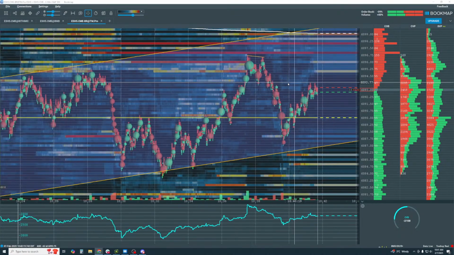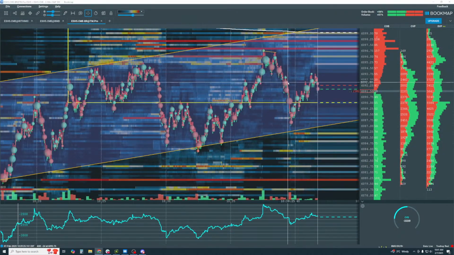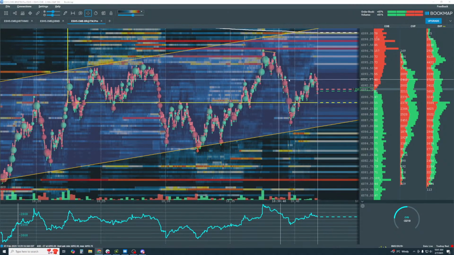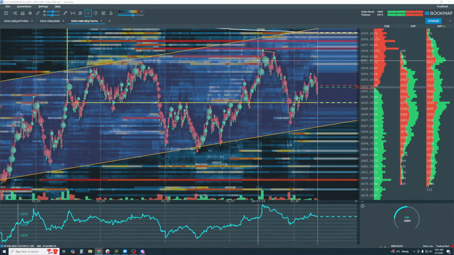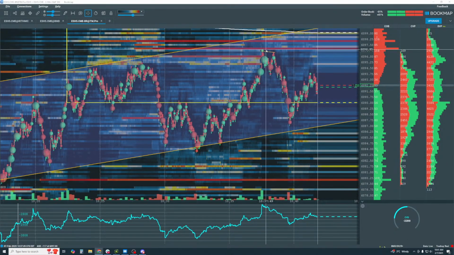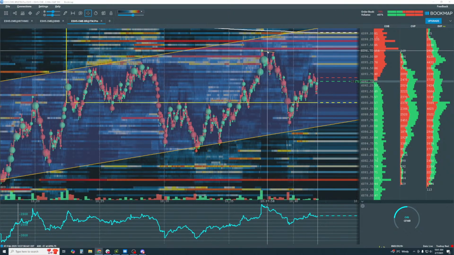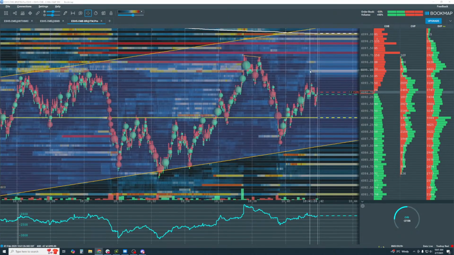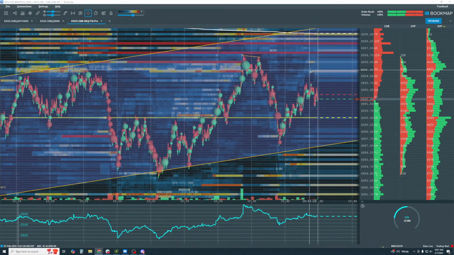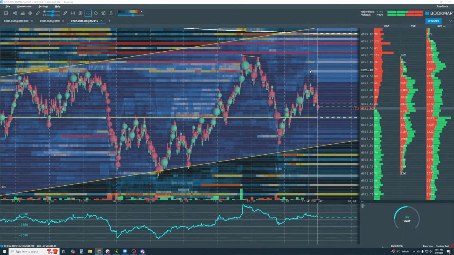Okay, so in the academy, this is what we do. We look for putting together a checklist of some of these elements that will create the stage for building a trading plan.